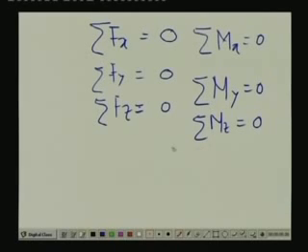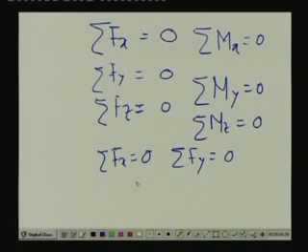These equations must be satisfied for a body in space. In a two dimensional form, these equilibrium equations reduce to summation of forces in the x direction equals 0, summation of forces in y direction equals 0, and summation of moment about z equals 0.